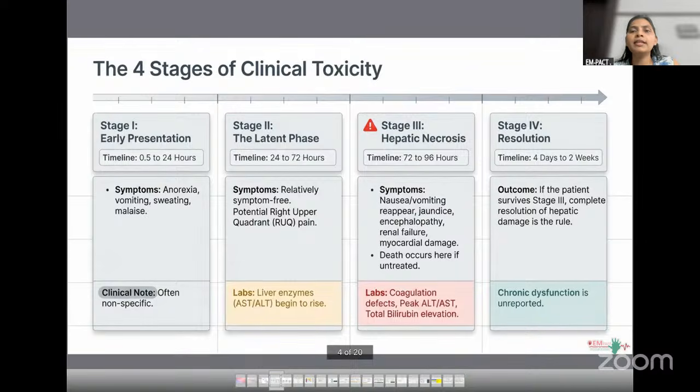All this can happen, and even death can occur due to the acute liver injury in the third stage. In the fourth stage, those who have survived the third stage will gradually improve. Our liver has an excellent power to regenerate, so only a few will develop chronic liver changes secondary to paracetamol poisoning.